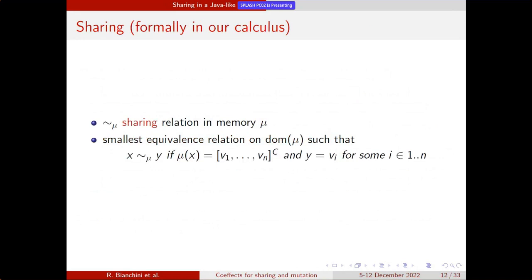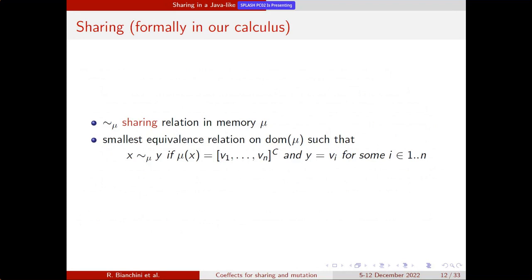More formally, in our calculus, we have a sharing relation on variables. This sharing relation is the smallest equivalence relation on the domain of our memory such that x and y are in this equivalence relation if y appears as a field of x.